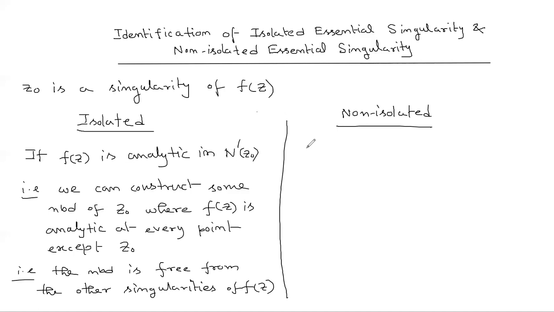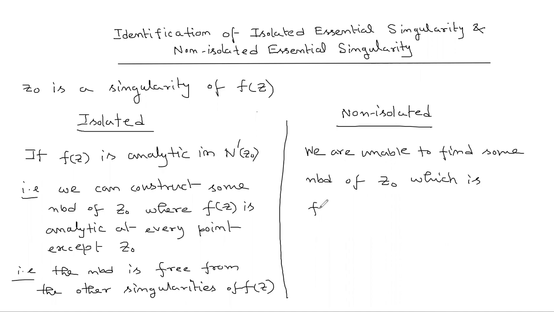So here we are unable to find some neighborhood of Z0 which is free from other singularities of the function fz.